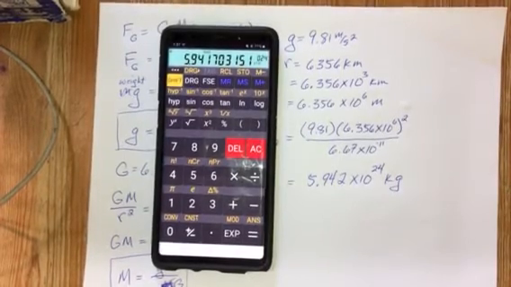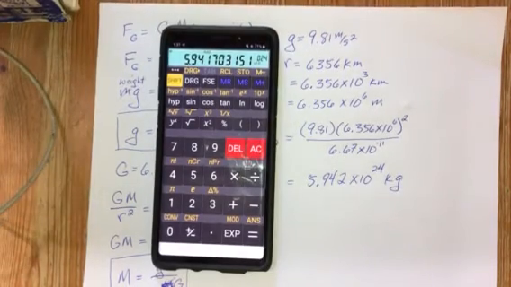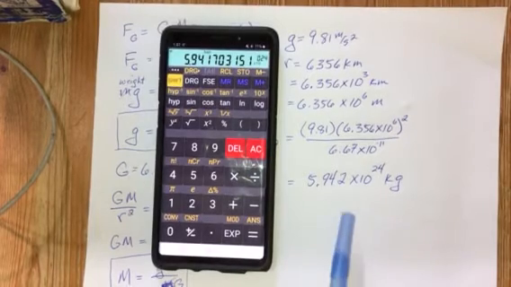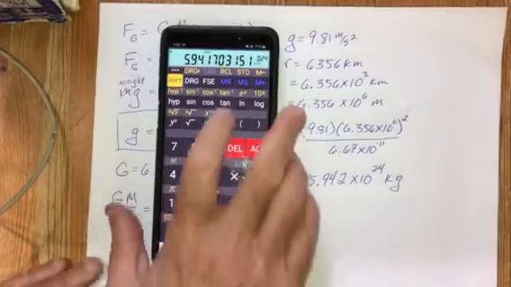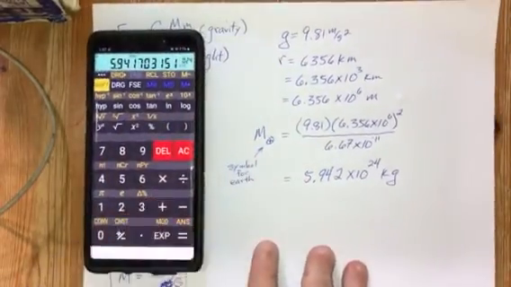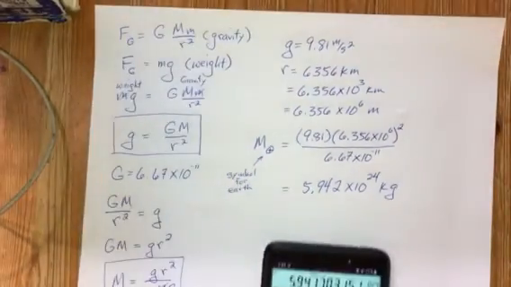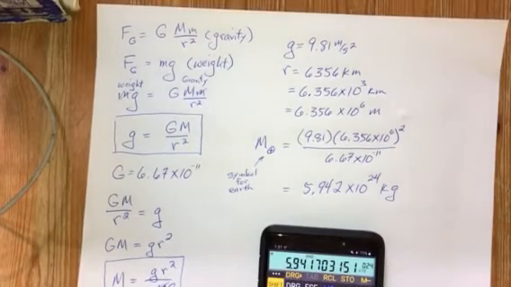If I Google the mass of the Earth, it says 5.972 times 10 to the 24th kilograms. So this gives us a pretty close representation of the mass of the Earth. So again, that's how we calculated the mass of the Earth, and we'll come back and use this to do some exoplanet calculations.